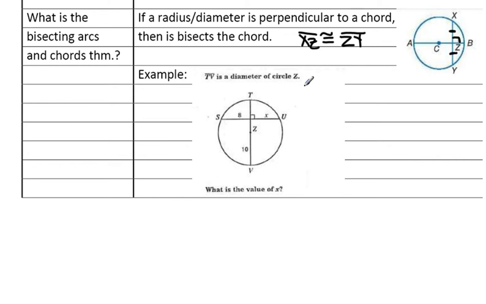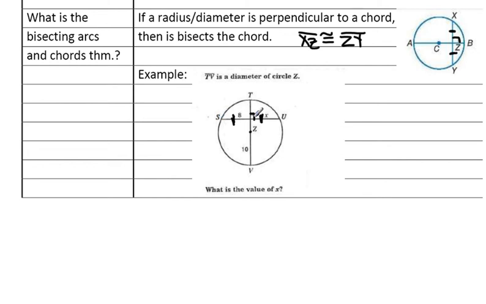So here's an example where TV is a diameter, and we can see that because there's the center right there of the circle. So what is the value of X? Well, if you look, we have a diameter perpendicular to a chord, which means that the chord is cut into two equal pieces, or two congruent pieces.